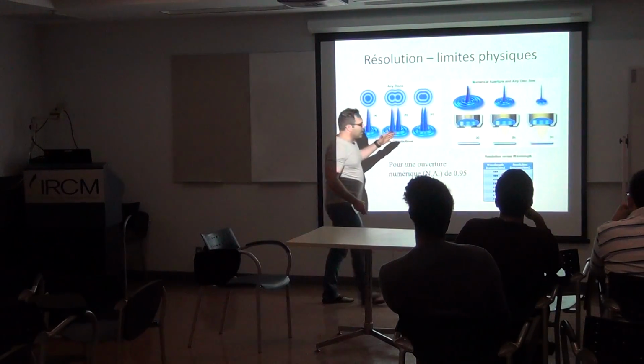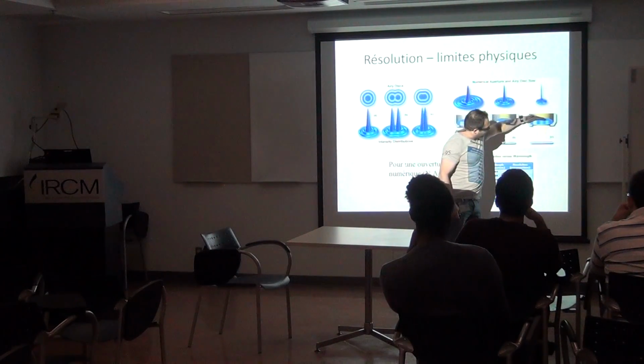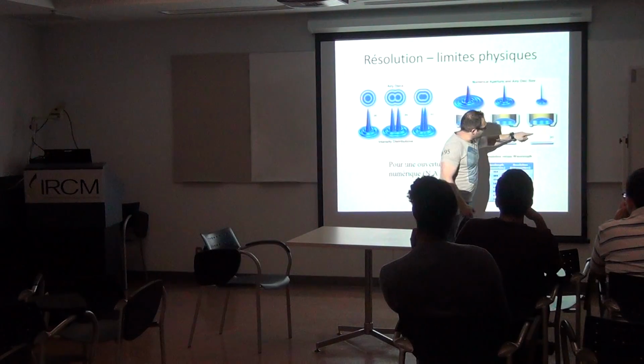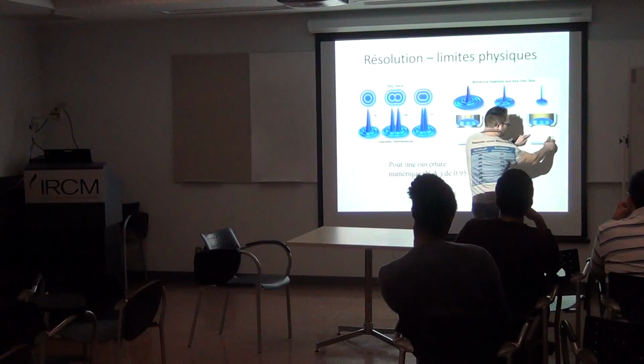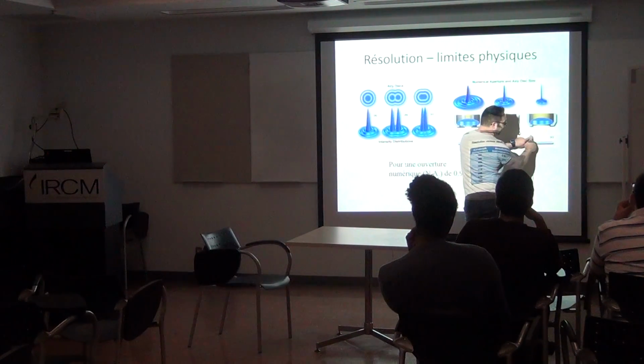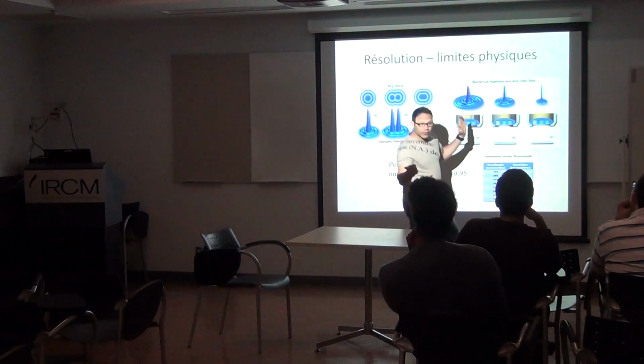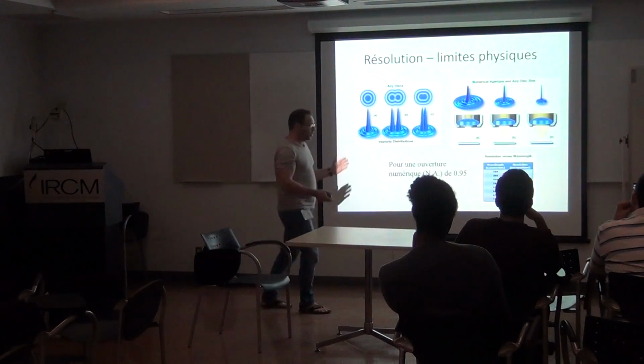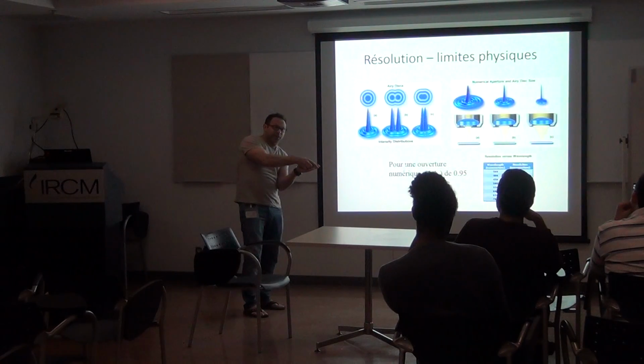And you can also see that if you bring this lens here, you're going to get an even wider angle. So as the lens is closer to your specimen, you are able to collect more light.